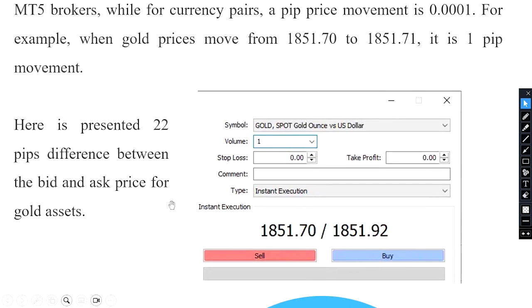Here is an example, and it represents a 22 pips difference between the bid and the ask price. How is it like that?